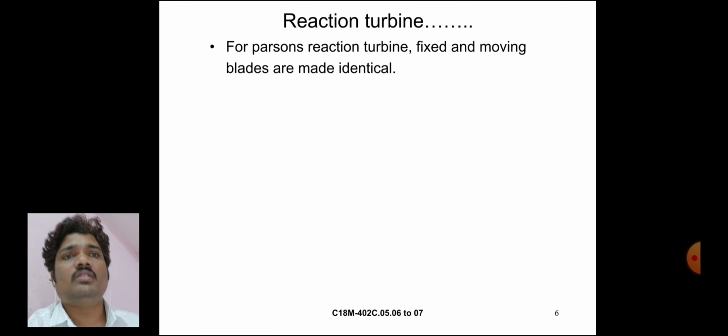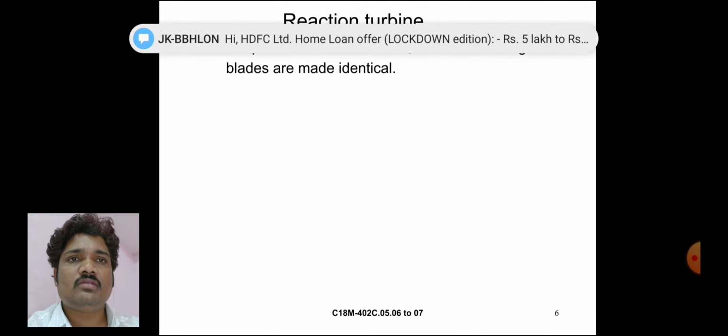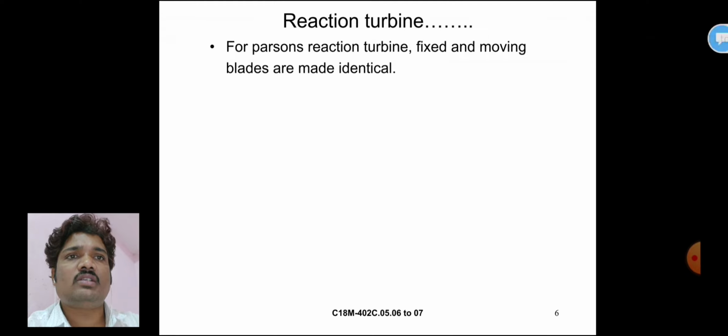For a Parsons reaction turbine, fixed and moving blades are made identical.